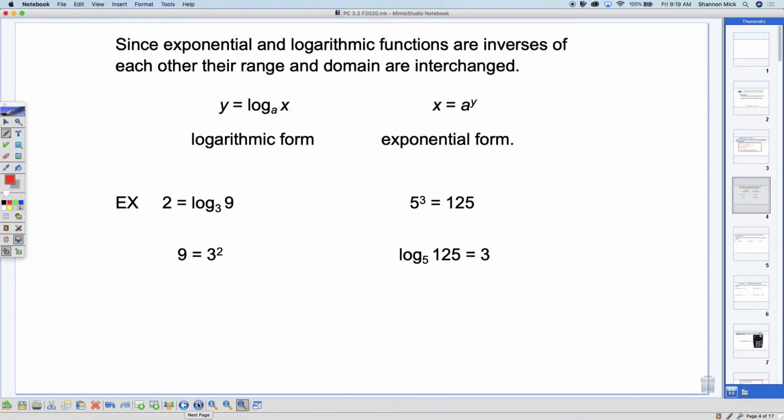So 2 equals log base 3 of 9 is 9 equals 3 squared. Now, I would write it the other way around, but that's what the book did. I would put 3 to the second equals 9. Are these two statements the same? Yeah. Okay. So, do you see this? The base of the logarithm is the base of the exponent.